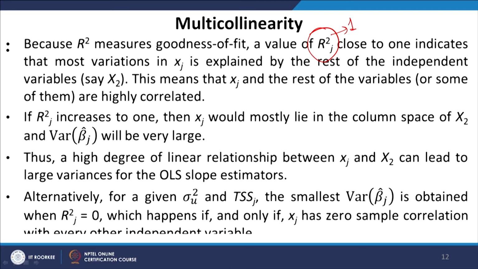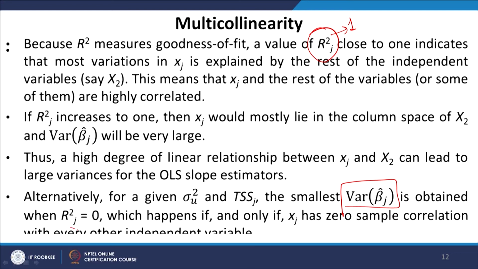See, a small variance of beta j hat is a desirable property. Multicollinearity does not violate the assumption of efficiency, but because of multicollinearity, the variance of beta j tends to increase. So, this is not a desirable property.